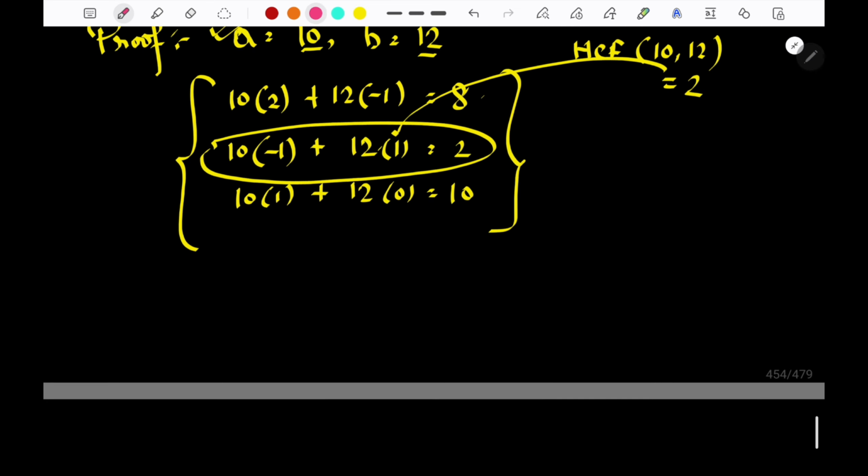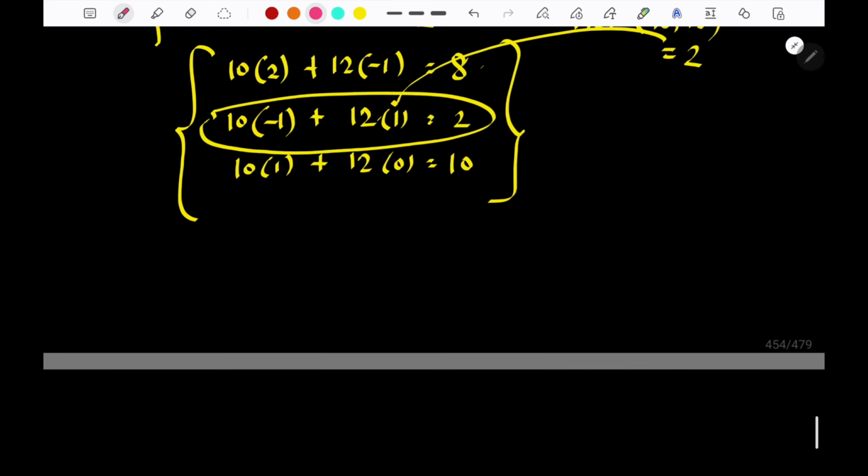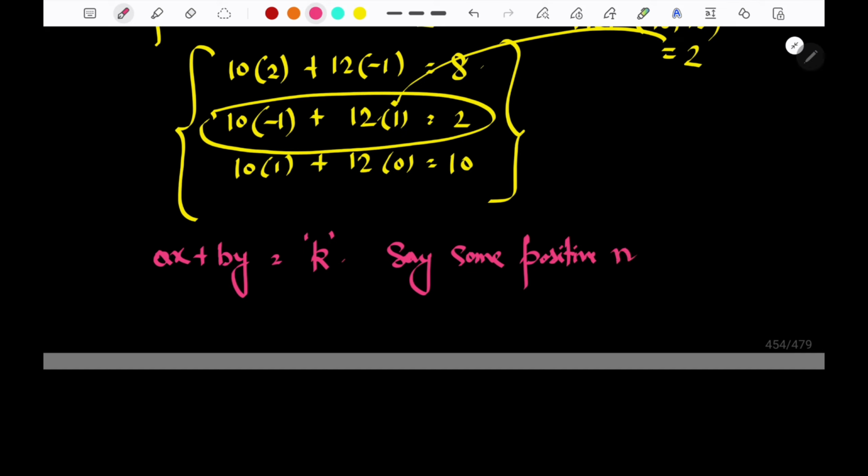Let's say ax plus by is equal to some k, and suppose some smallest positive number d exists for some integers x naught comma y naught.